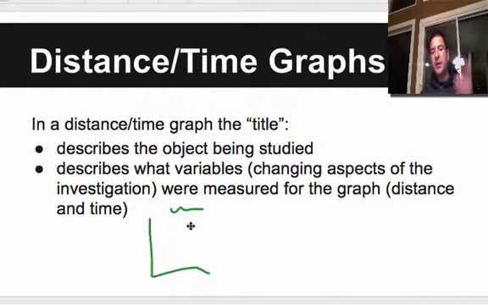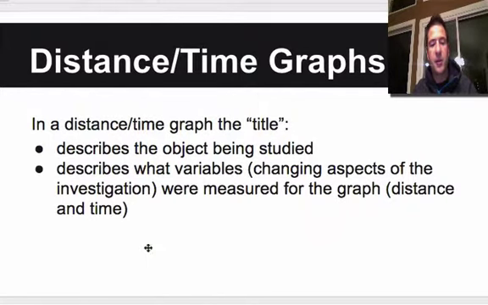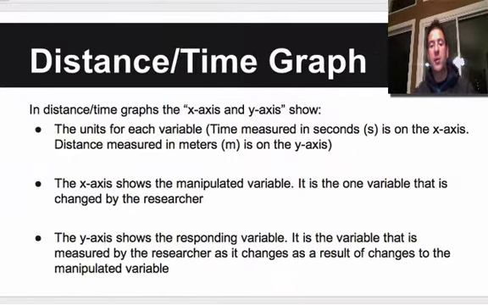It tells us what we're studying, and it's also going to describe the variables, or the changing aspects of the investigation, and what we're trying to measure. So if I'm measuring the velocity of a baseball, it's going to describe some time, or different distances. Make sure we have that in the title. That's going to help us out and tell us what we're going to be learning about.